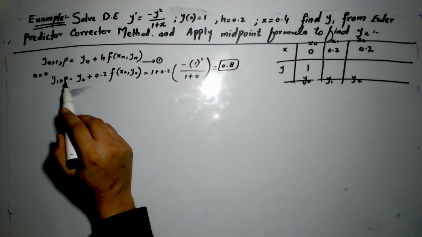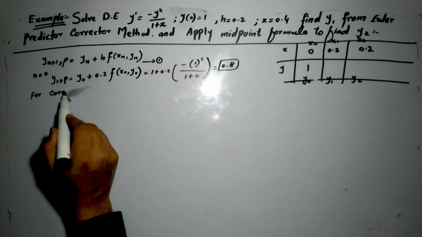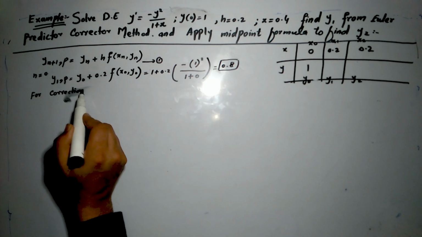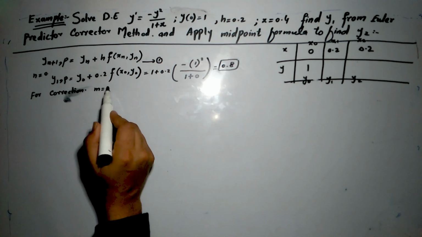So for correction, we will put, for the first correction, m will be equal to 0 and n will be equal to 0.